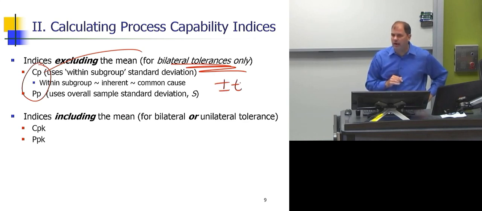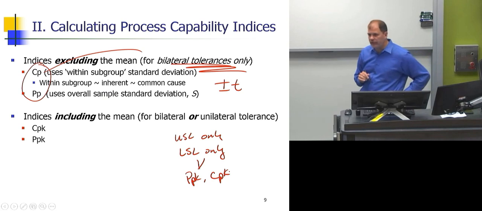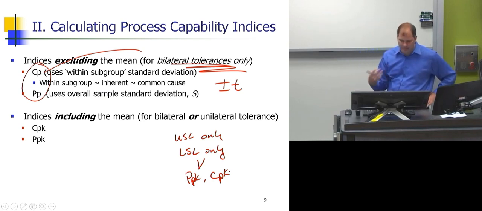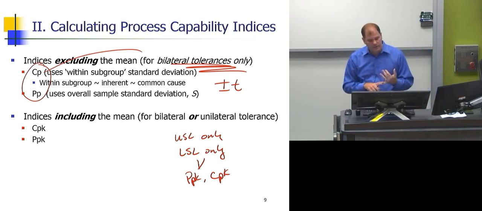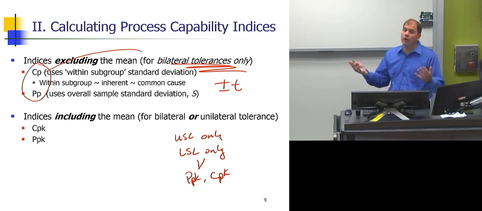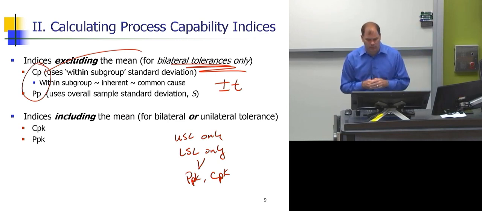Bilateral tolerance is when you have a plus or minus t. If you have a USL only, or an LSL only, then you can only get PPK and CPK. I'll show you that with the formulas, but the CP and PP is excluding the mean, but can only work if you have a bilateral tolerance.